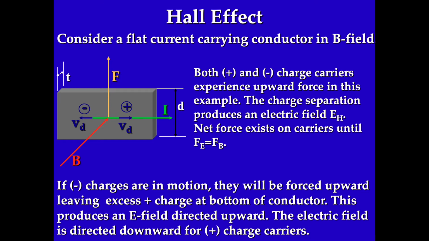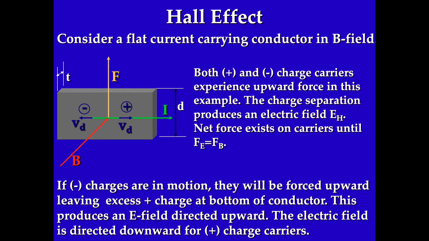That upward force is going to affect either the negative charge carriers or the positive charge carriers. Either one, the force is going to be upward. Remember, the negative charge carriers are moving to the left even though the current is in the positive direction. So let's say we have electrons in motion in this gray conductor.